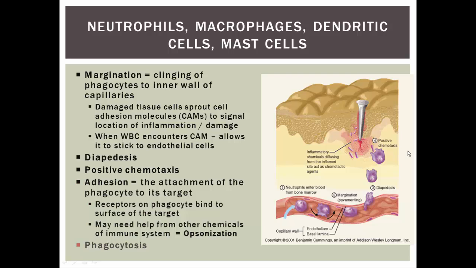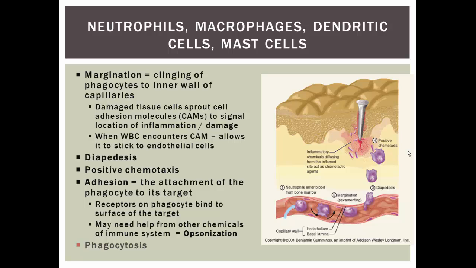And then last, okay, so now the white blood cell got here, we've got to be able to stick to it. We've got to be able to grab it or adhere to it. So this is how the phagocyte attaches to its target. Now the phagocyte is going to have receptors on its cell membrane to be able to bind to structures on the bacteria.